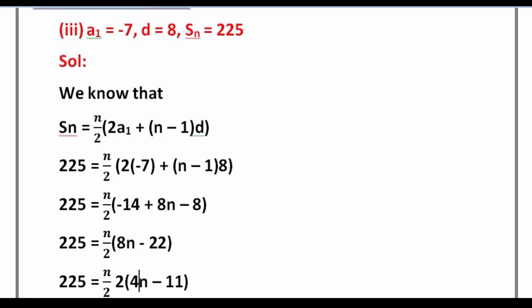a1 is equal to minus 7, d is equal to 8, Sn is equal to 225. We know that Sn is equal to n divided by 2 into (2a1 plus (n minus 1) into d).